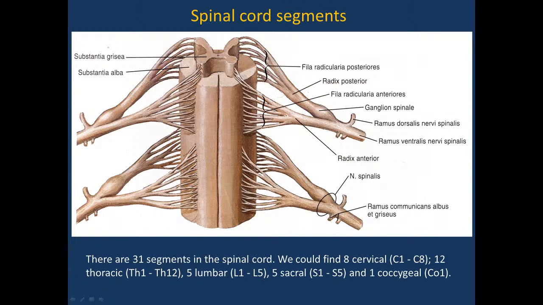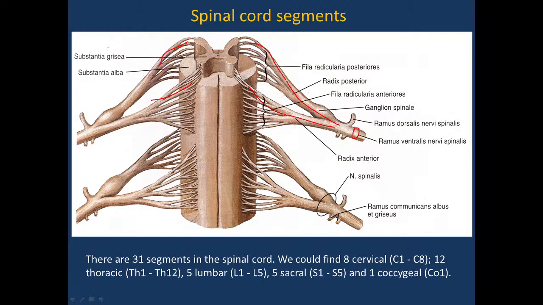There are anterior roots, which run anteriorly, and posterior roots, which run posteriorly. Combined together, they form spinal nerves.